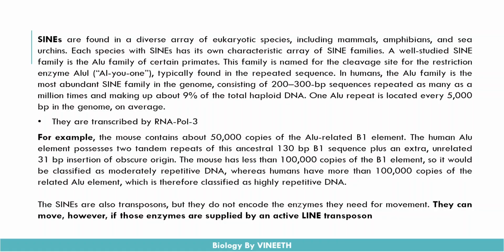The SINEs are non-autonomous retrotransposons. That means they require some kind of mediator. That mediator is what? LINEs. See this point: the SINEs are transposons, but they do not encode the enzymes that they need for movement. For transposition they require the enzymes but don't encode them.